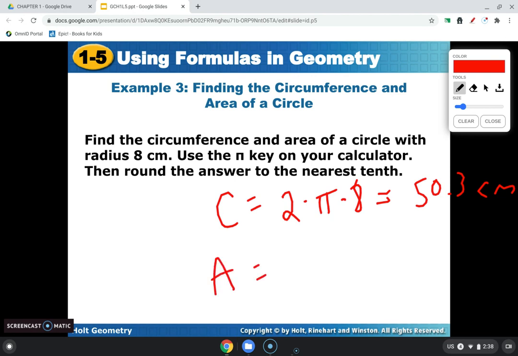To find the area, I take pi times the radius squared, so pi times 8 squared. Do that on my calculator. It gives me 201.1 centimeters squared. All right, so using the circle formulas as well.